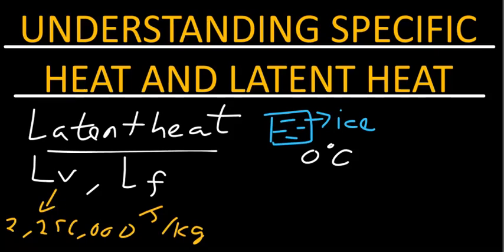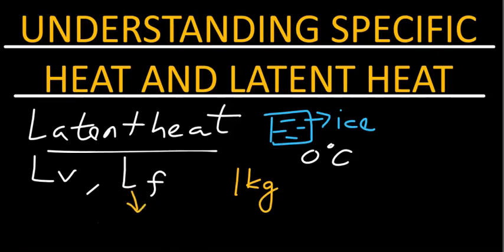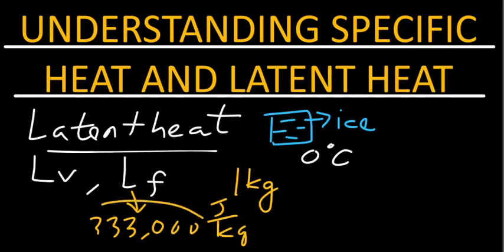That means in order to convert 1 kg of water into vapor, you need to put in this many joules of heat into it. The latent heat of fusion for water is 333,000 joules per kg. That means in order to turn 1 kg of water into ice, you need to pump out or remove this many joules of heat from that water sample.